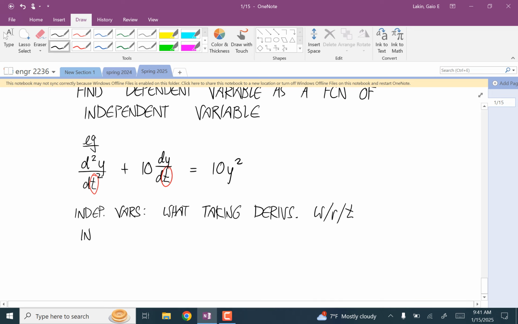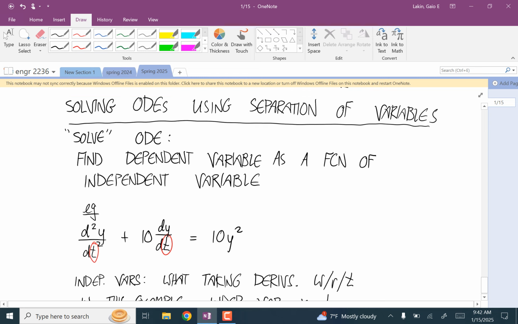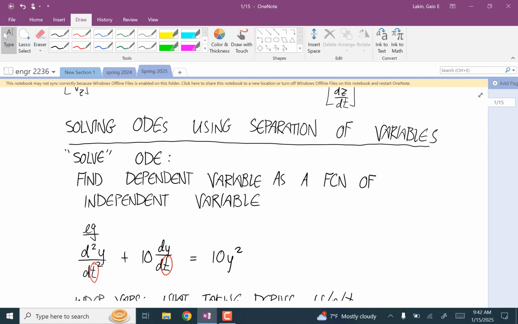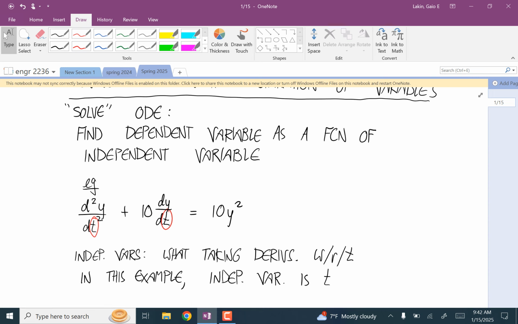So in this example, the independent variable is t. Is that the only independent variable?